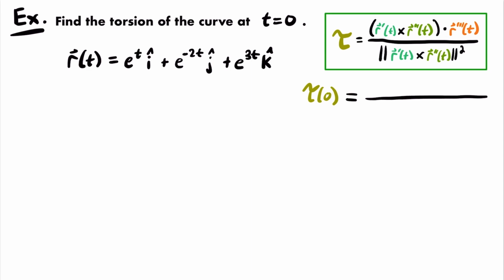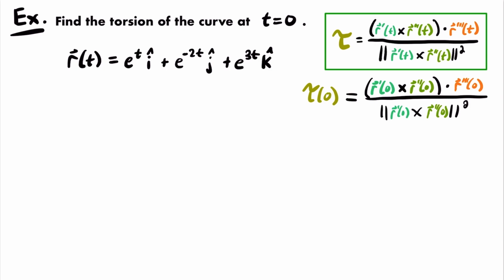In the numerator, we'll have the cross product of r prime of 0 with r double prime of 0, and then you take that cross product and take the dot product of it with r triple prime of 0. And then in the denominator, you'll have the magnitude squared of that cross product, so r prime of 0 cross r double prime of 0.